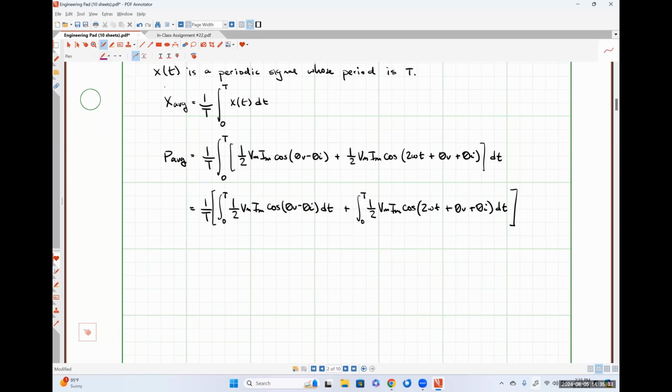Purple earlier. So what do you think that integral would be equal to? Any thoughts?